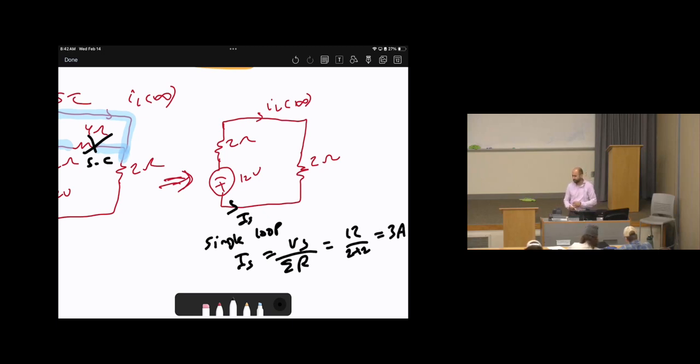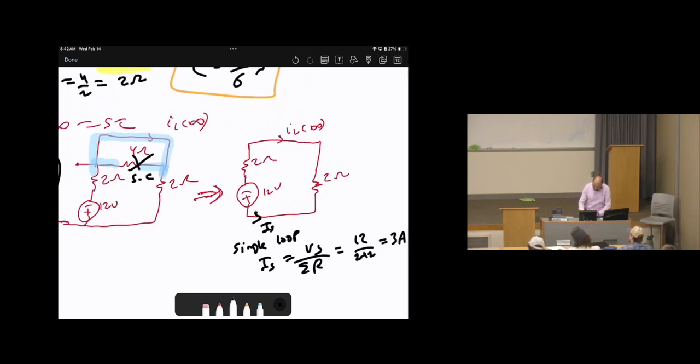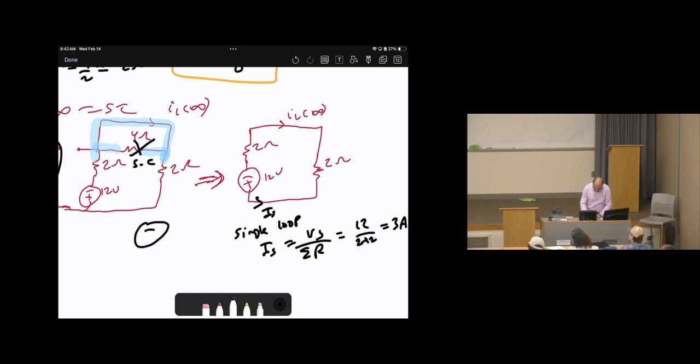Now there is a trick that you need to be careful about. Whenever we have a source, we used to assume the current going out from the source, right? Is this correct? Let me make it more clear.